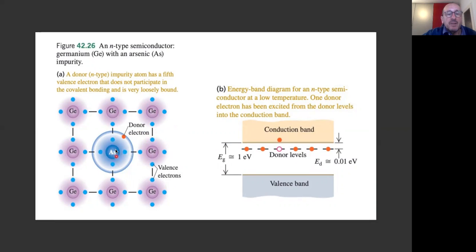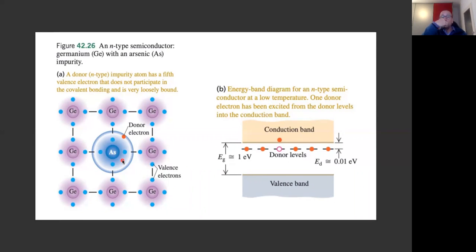And now I put this arsenic guy here, and this arsenic guy looks like a germanium plus a proton. You can think that this is the germanium plus a proton plus this extra electron. So essentially, you could apply some sort of superposition. You can think that what you generate here is a plain germanium crystal, perfect, with something that looks like a hydrogen atom associated to one of the germanium atoms.